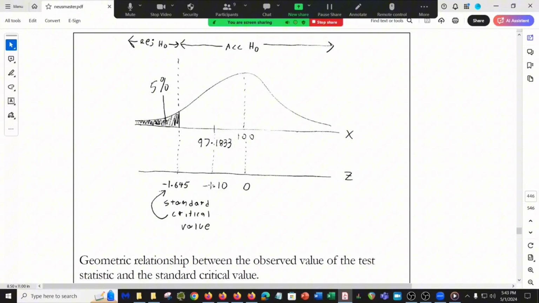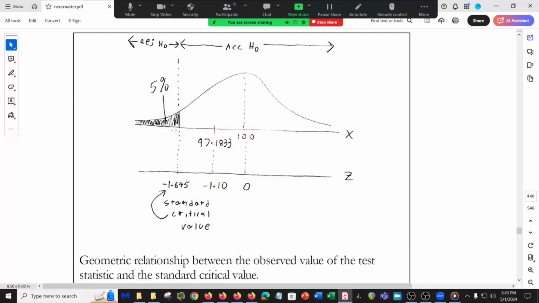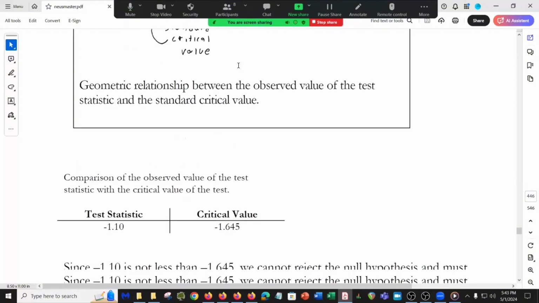Now, if you look at this negative 1.10, you see that it does not fall in the rejection region. That's what it's called, a rejection region. So we do not reject the null hypothesis. In fact, we fail to reject the null hypothesis, which some people would say is the same as accepting the null hypothesis.